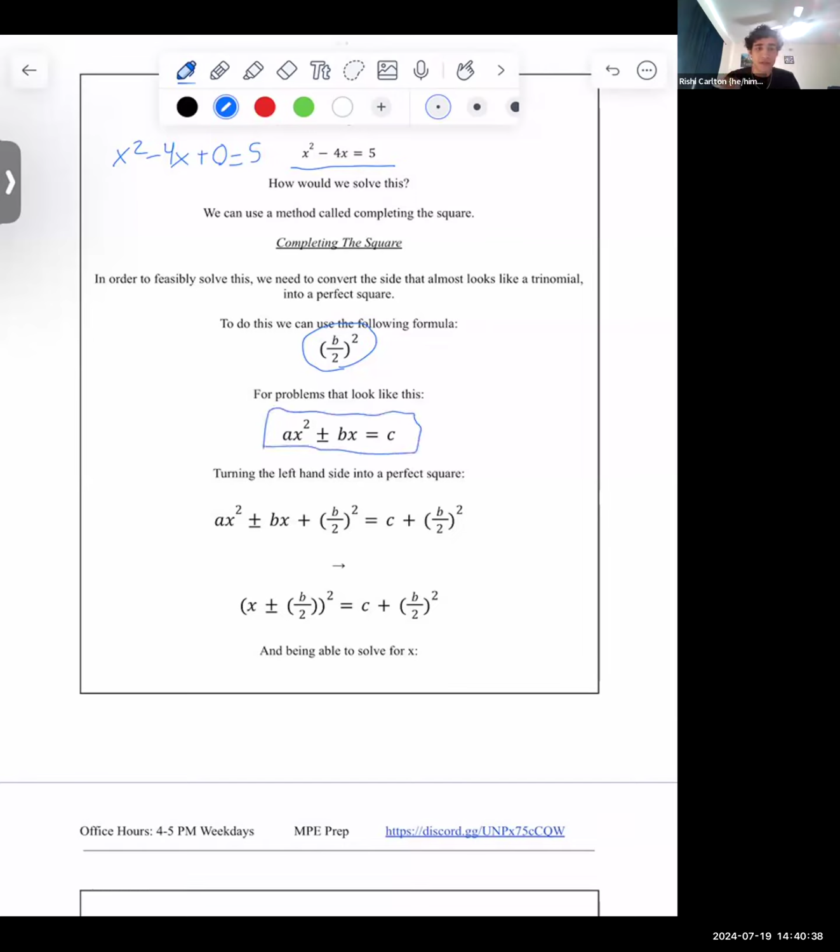Because that number there is half of the b value in this case. Essentially, if you add this number to itself, 5 plus 5 equals b, which is 10, and 5 times 5 equals c, which is 25. So that number works perfectly for a perfect square.